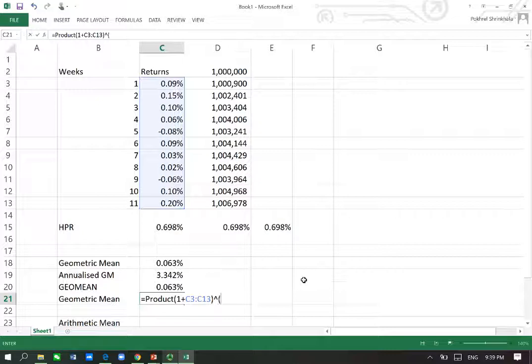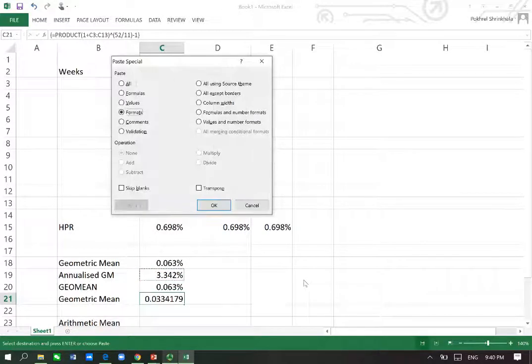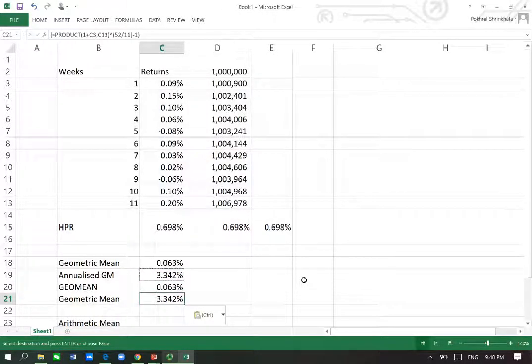Then in the power, you know there are 52 number of weeks in a year, divided by, in this particular example we've got 11 weeks, and take away 1. Okay, again now you get the annualized geometric mean in one go here. Okay, so again change the format into the same like before, and we get this.